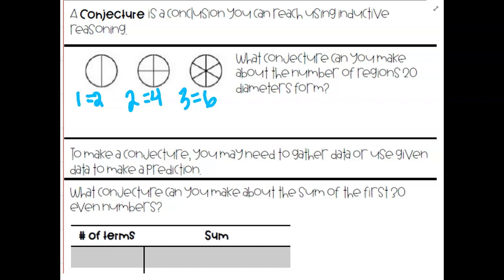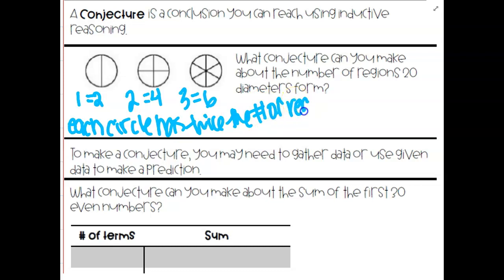So we could say each circle has twice the number of regions as diameters. Twice the number of regions as diameters.